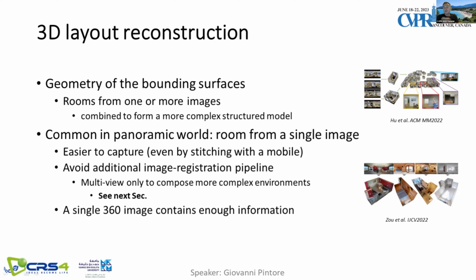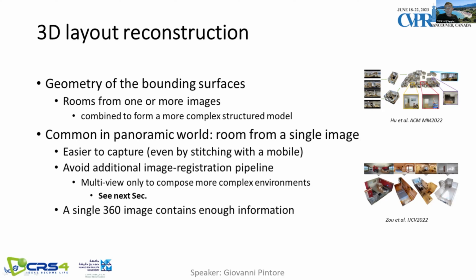Another problem is that even having more images will still require an additional alignment pipeline with all the different problematics that arise, like, for example, the metric scale, and we also need to register the images to each other, and so on.